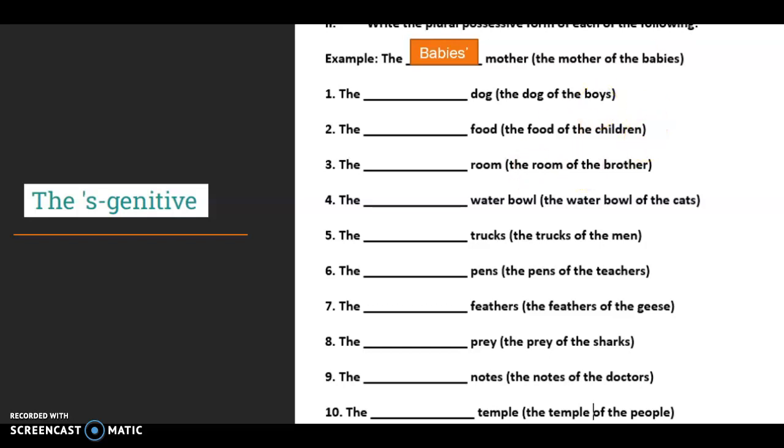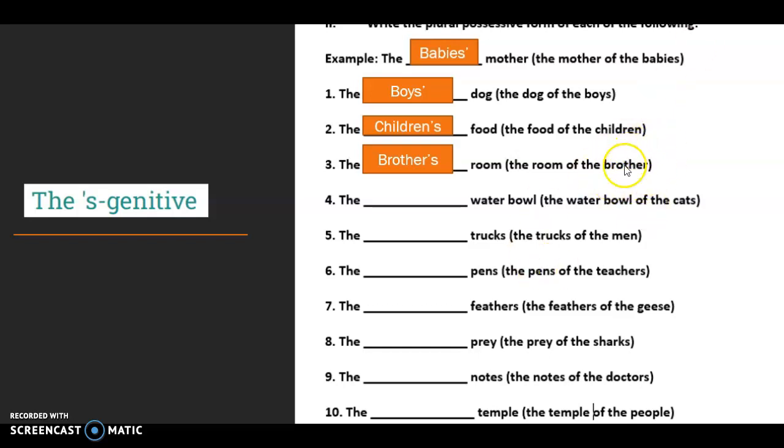The dog of the boys, the boys' dog. The food of the children, it is an irregular plural noun, the children's food. The room of the brother, let me see, the brother's room.